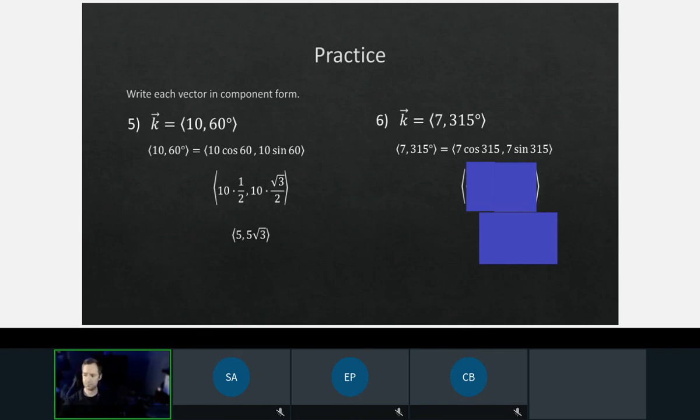You can just type it in. When you finish number 6, just give me a green check.